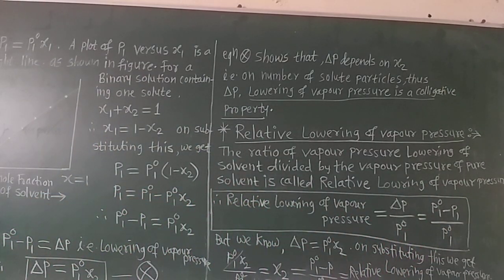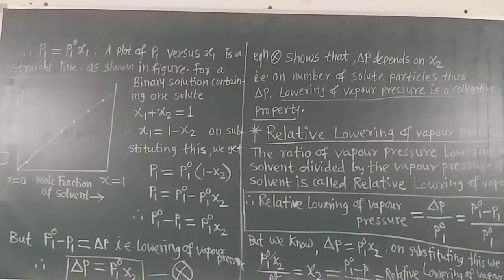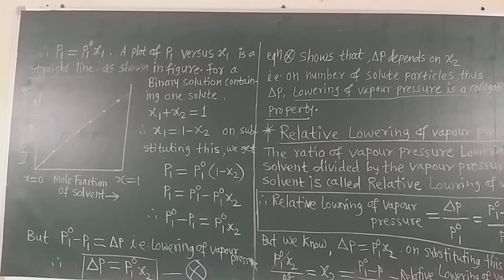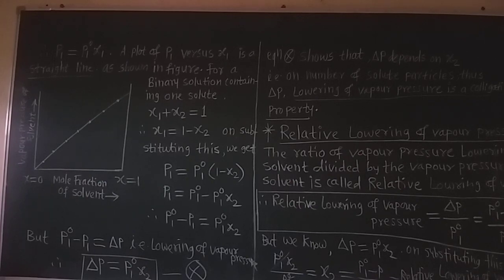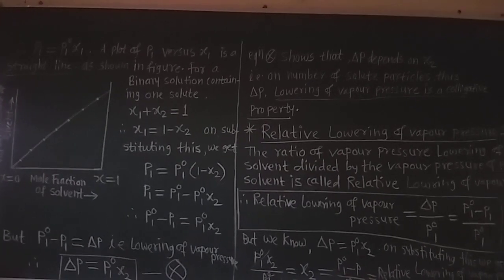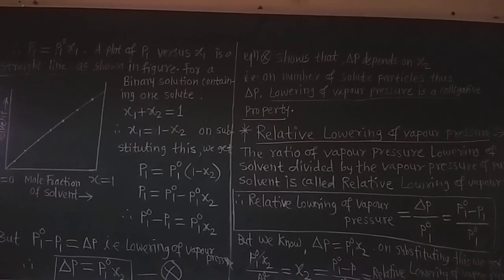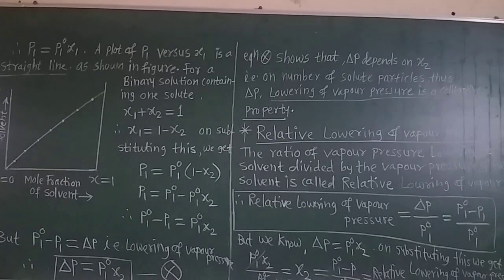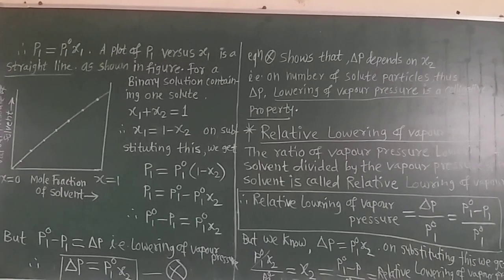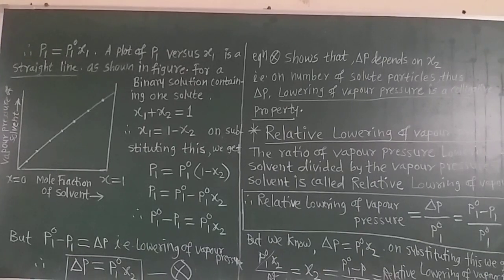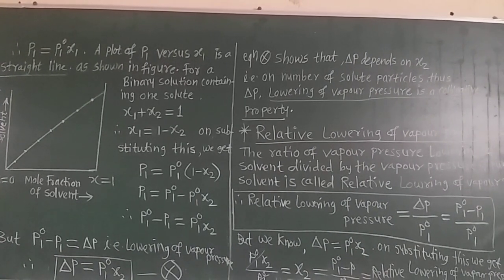Now students, how the molar mass of the solute is calculated from the lowering of the vapor pressure, that we will see in the next lecture, and also we will see the numericals on that.